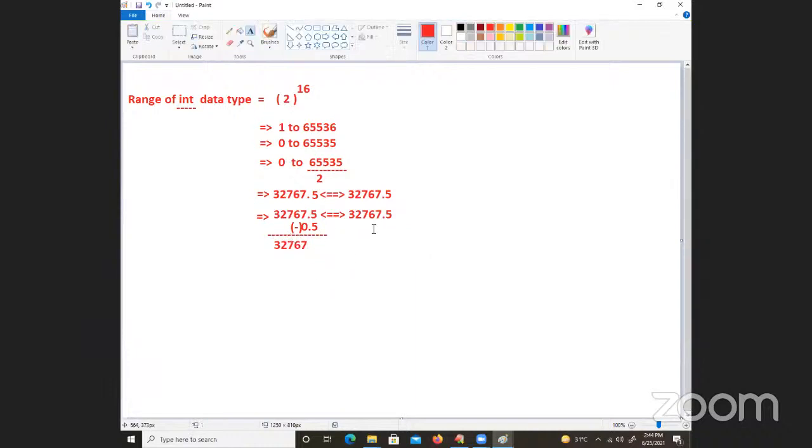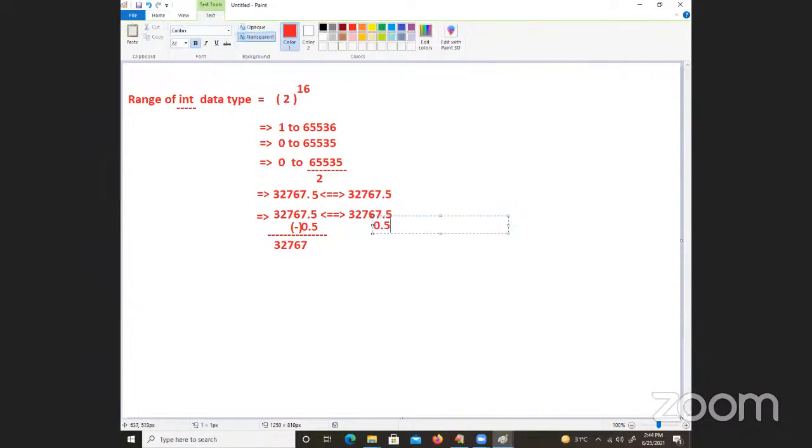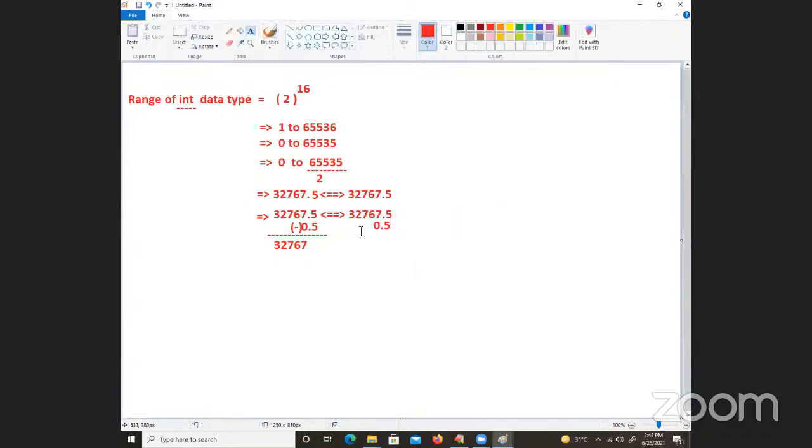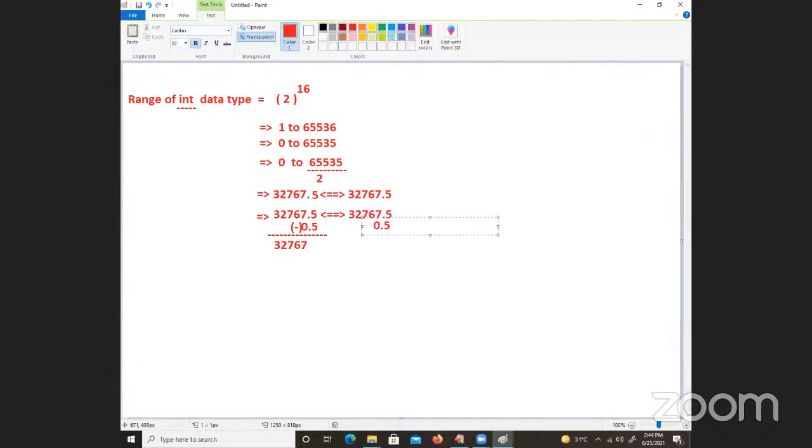And whatever you are truncating, that 0.5 will be added here. This is called a plus symbol.